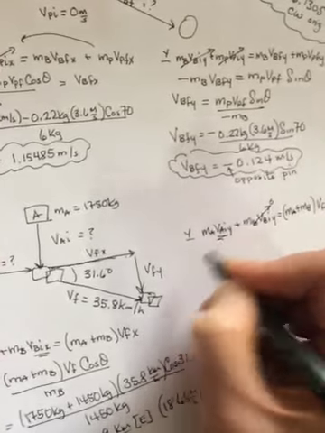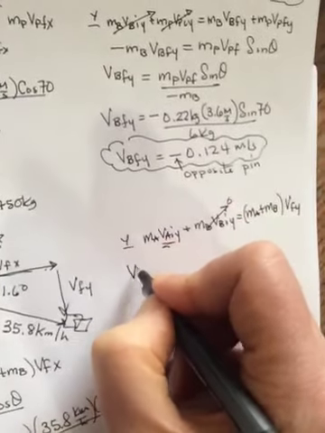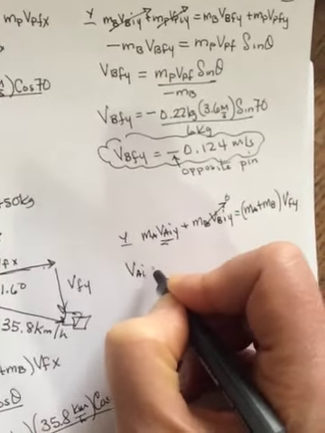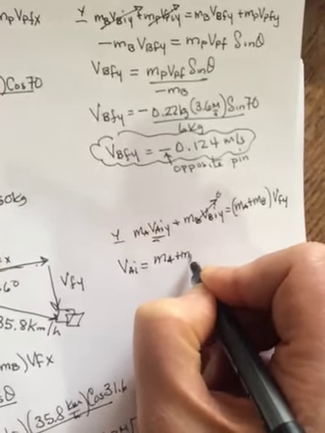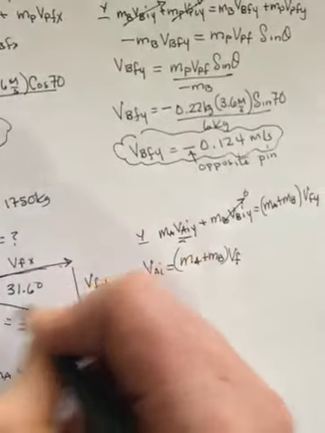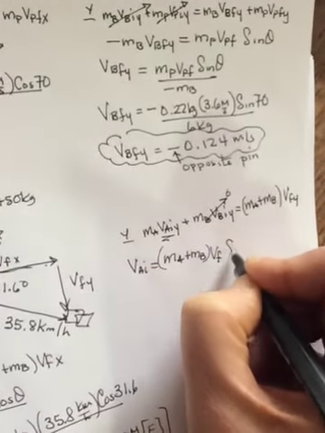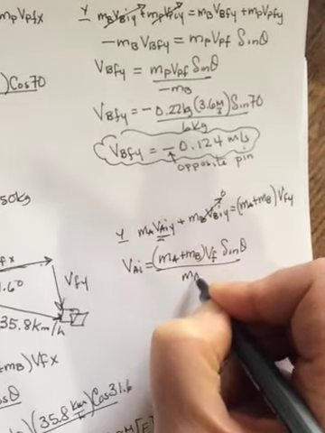And we're looking for VA initial. So VA initial, which is VA initial y, will equal MA plus MB, V final y, which is the opposite side, which will be sine theta. And then divide by MA.